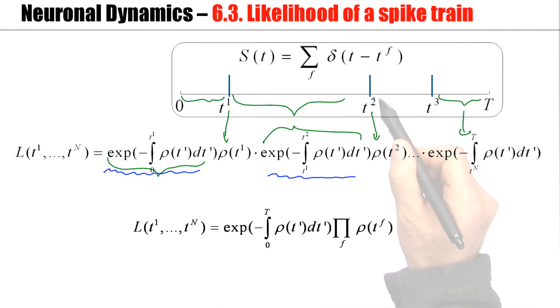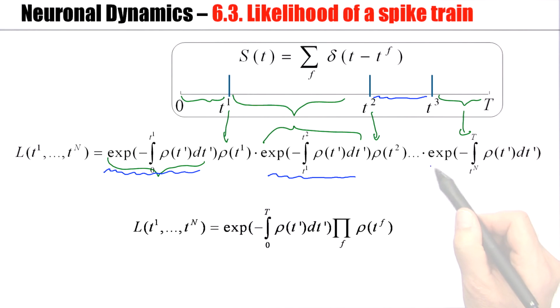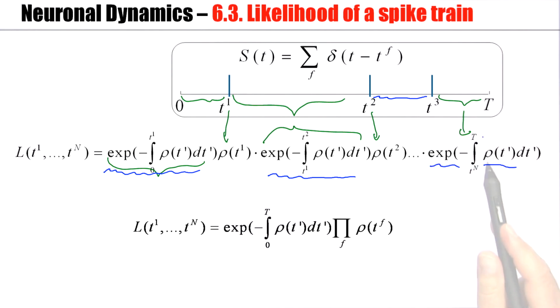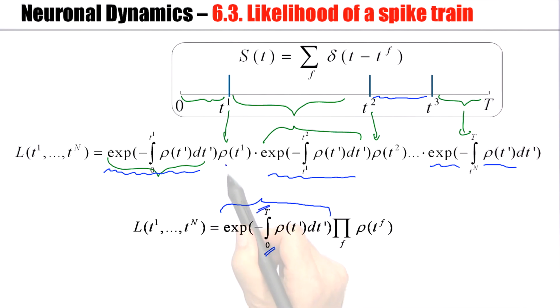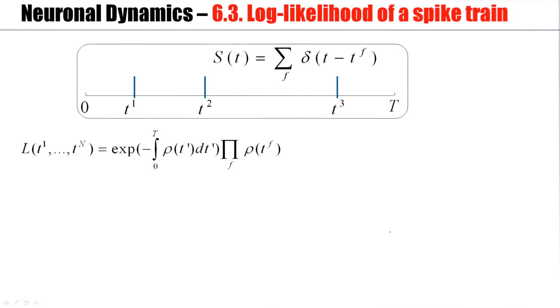The next integral would start at t2, go up to t3, and so forth until the final one, which goes from tn to capital T. So all these terms give rise to one single integral over the whole measurement interval from 0 to T. For the moments of firing for n spikes, f equal 1 to n, I have n instantaneous firing rates.